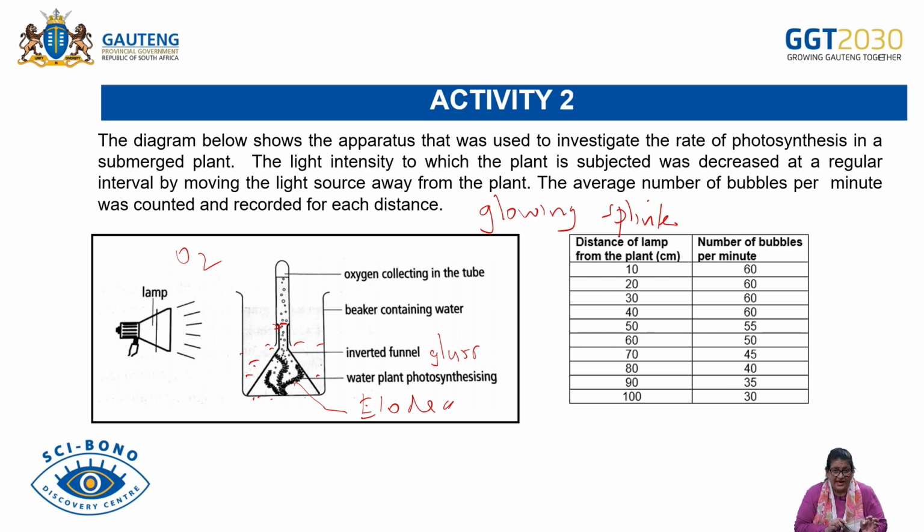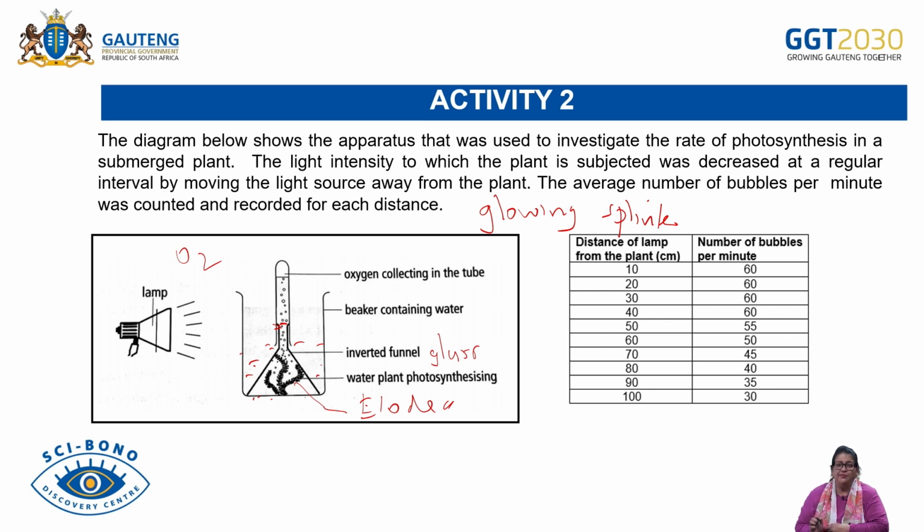That becomes your aim, to investigate the rate of photosynthesis on the production of oxygen bubbles. Now the light intensity to which the plant is subjected was decreased at regular intervals by moving the light source away from the plant. The average number of bubbles per minute was counted and recorded for each distance.